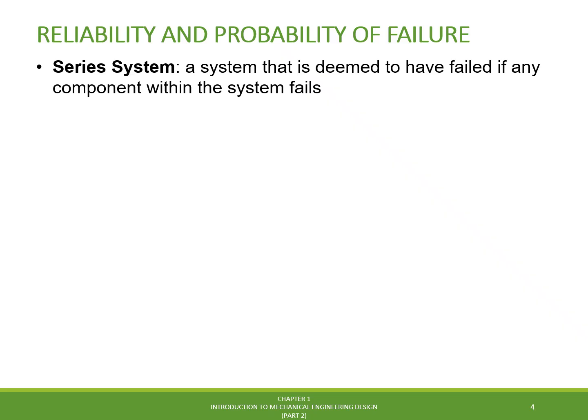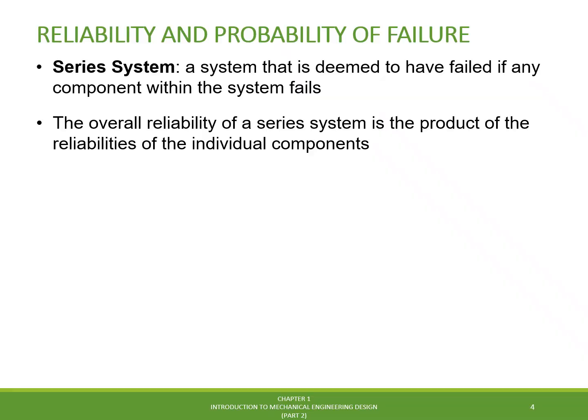If you think about any type of machine which is composed of several different machine components that you put together in a certain way, then we can calculate the overall probability of failure or the overall reliability of the system, assuming that the system is going to fail if one of those components fails. We can do this by calculating the overall reliability of a series system as the product of the reliability of the individual components that form that system.